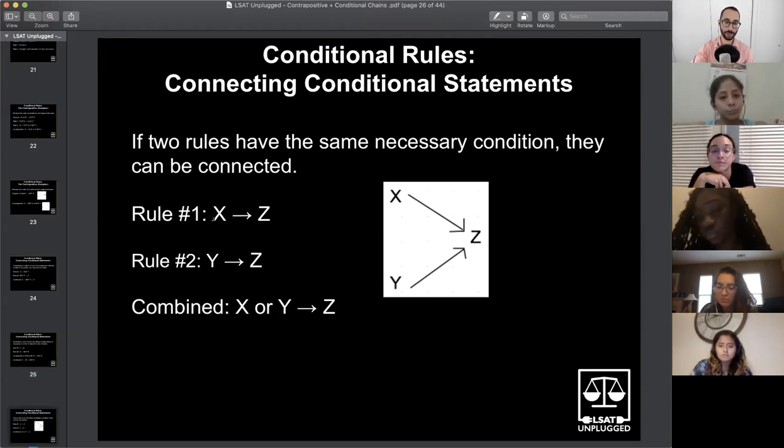And you can list them separately, like I said, X requires Z, Y requires Z, or you can combine them to say each of X and Y is sufficient to require Z. So each one alone is sufficient to require Z. So in logical terms, I would simply say X or Y leads to Z. X or Y requires Z. So the common variable Z is what lets us link them together smoothly, and I would probably recommend doing so.